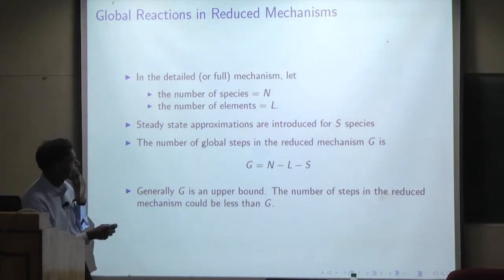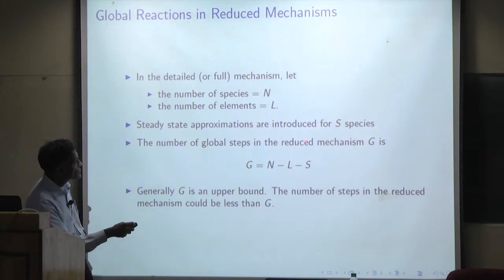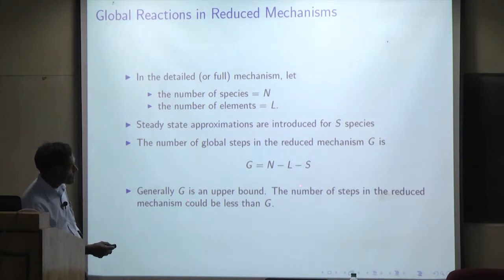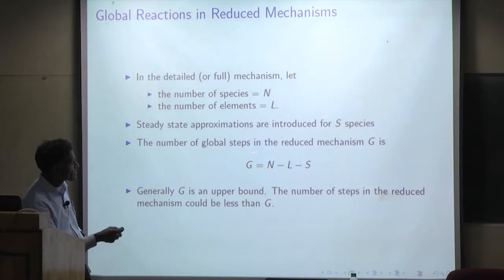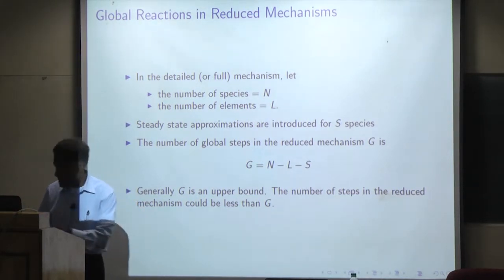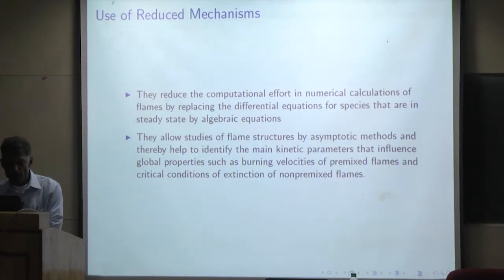Those are the independent ones. And therefore, if you have S species in steady state, that's the number of global reactions. Generally, G is an upper bound. Sometimes there are special circumstances where you have less than G. But generally, that's what it is: n minus L minus S.